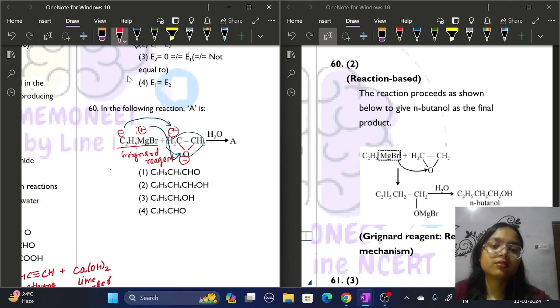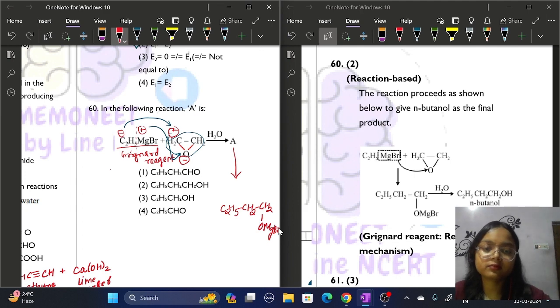So what will it form? C2H5CH2CH2OMgBr. So upon reaction, this type of compound will form.